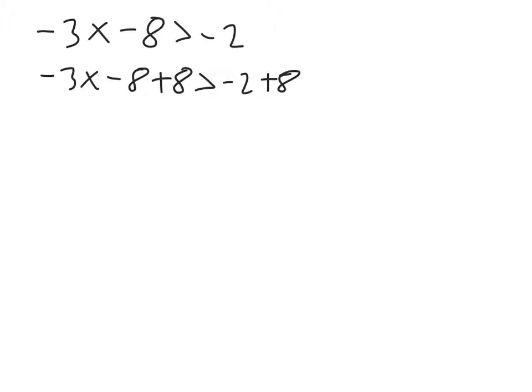And the property we used was the addition property of inequality, API. Then when we combine like terms, that should leave us with negative 3x is greater than 6.